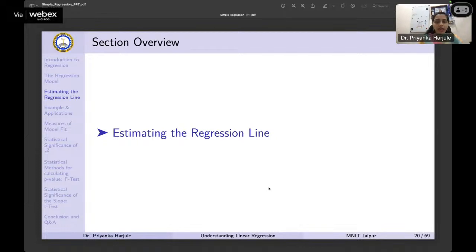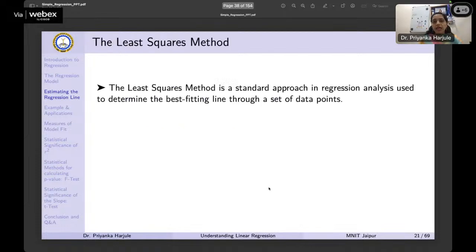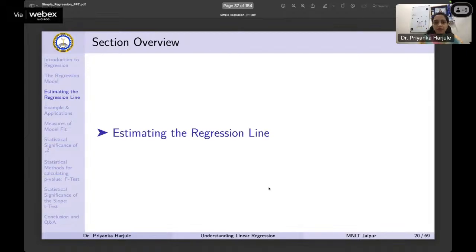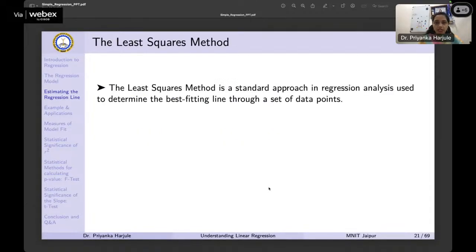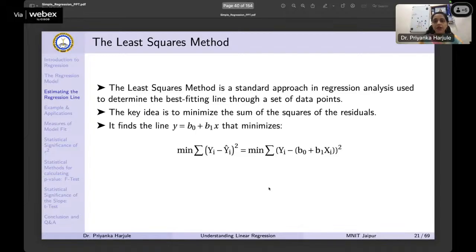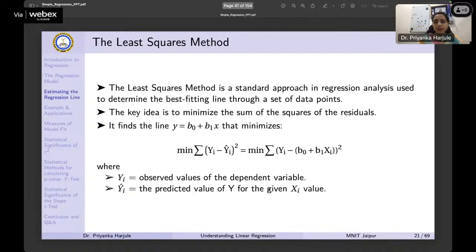So now let us look at mathematically how to estimate the parameters in this regression line. So we use the least squares method, which is very standard in regression analysis, but I will come to its disadvantages in a while. It will find the best line by minimizing the sum of squared residuals that we saw graphically.